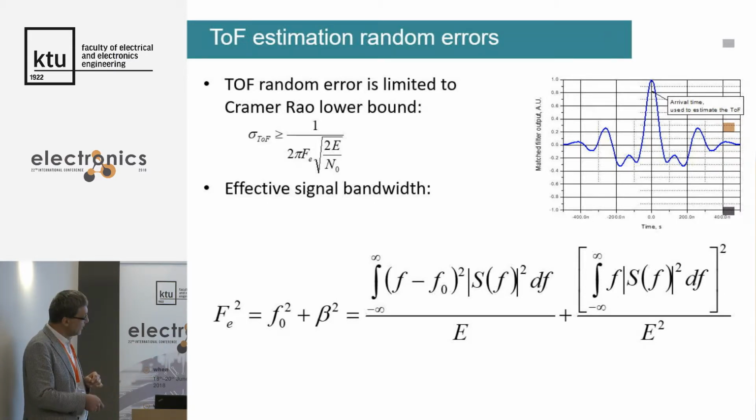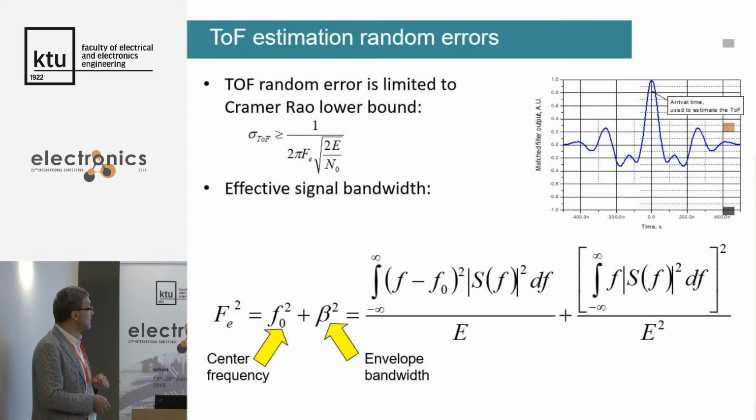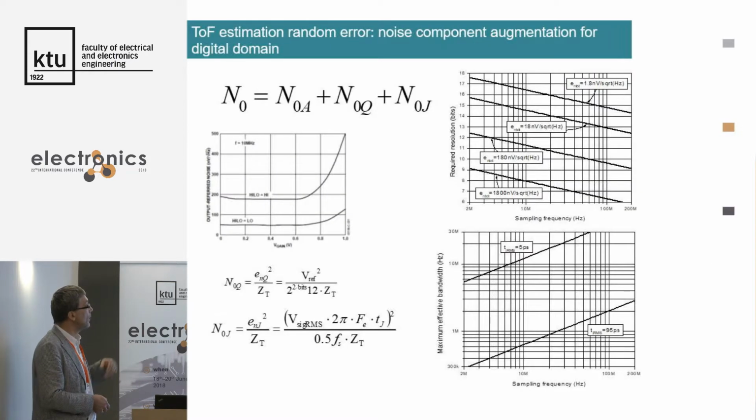You can see that these are squared, which means that as soon as the envelope bandwidth gets 3 times less than the center frequency, it is not important anymore, or at least it is not giving any significant advantage. Then it is F0, the center frequency, that defines the achievable accuracy. And of course, once we know those two, we can go into further analysis.